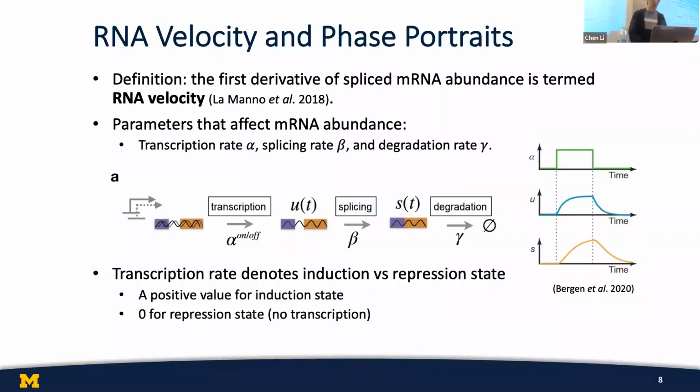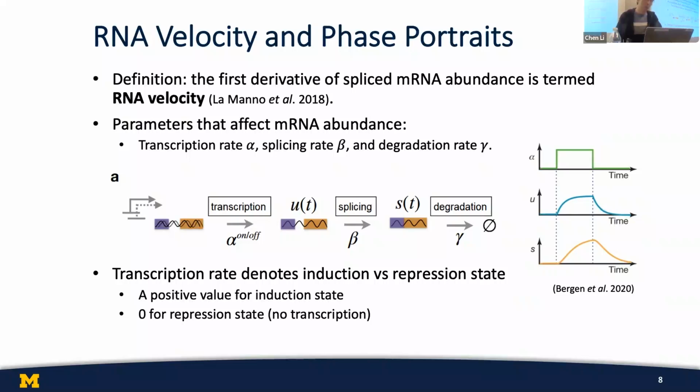The definition of RNA velocity is given by the first publication about RNA velocity by La Manno in 2018. It is defined as the first derivative of spliced mRNA S. There are several parameters that can affect the final mRNA abundance. All these are based on the biological process.